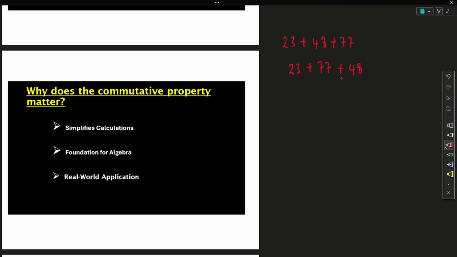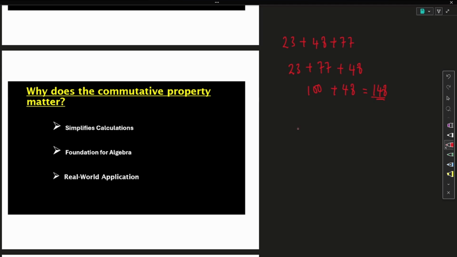It makes it easier because we know that 23 plus 77 is 100, plus 48, which is equal to 148.